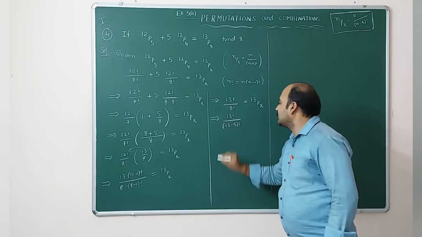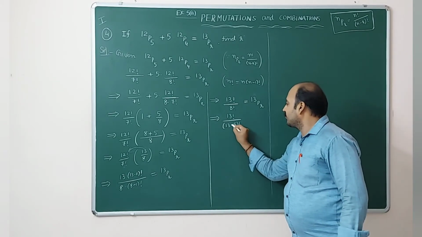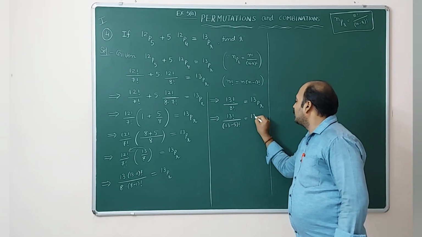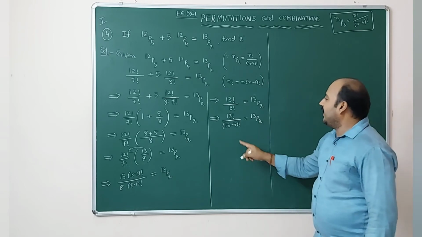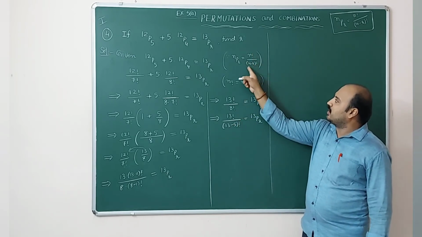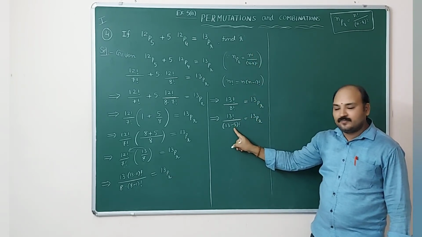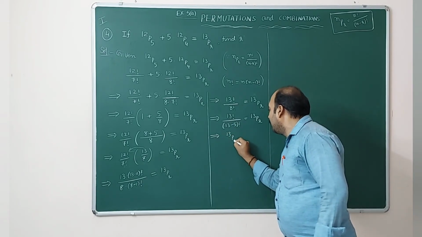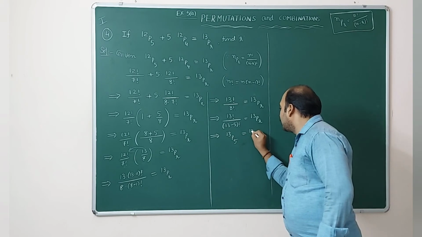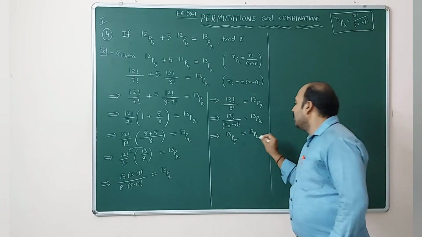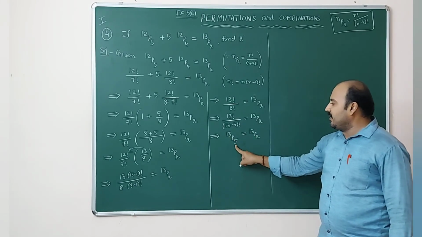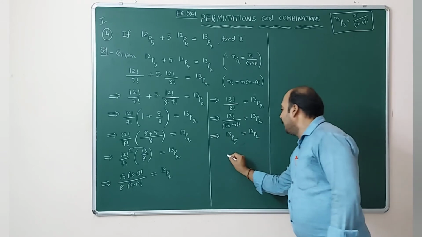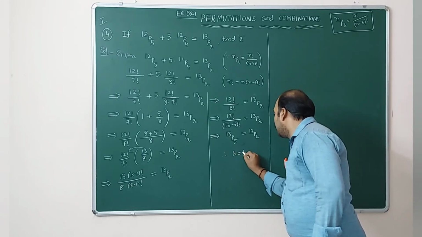Can we write like this? Which is equal to 13Pr. It is in the form of n factorial by n minus r factorial. What is r here? So this can be expressed as 13P5, which is equal to 13Pr. So 13P5 equals 13Pr. By comparing, r is equal to 5.